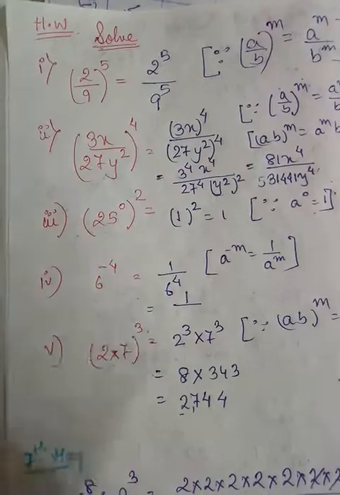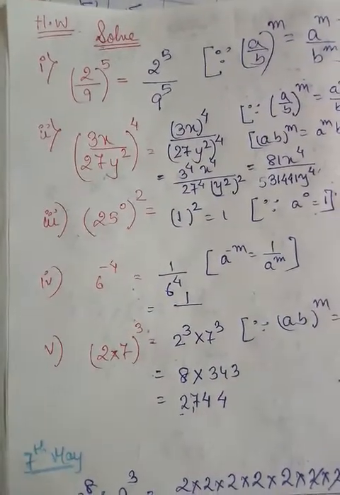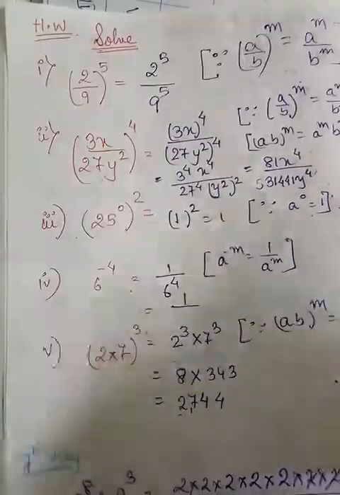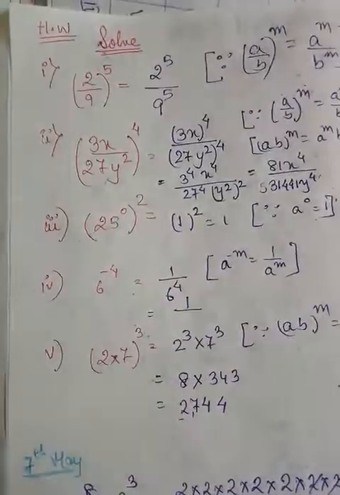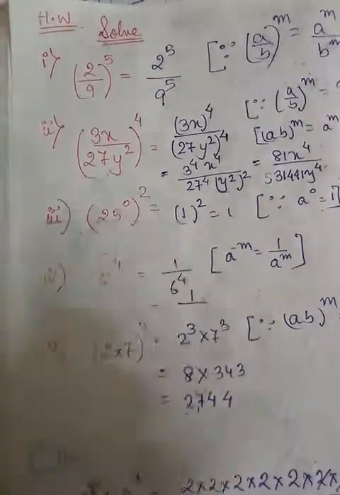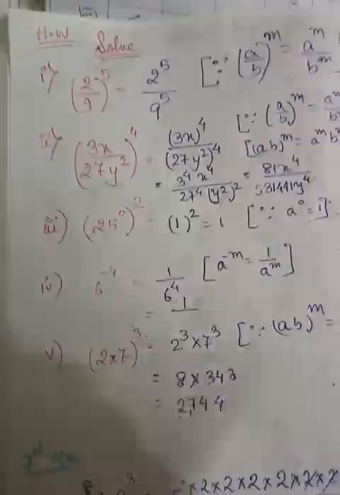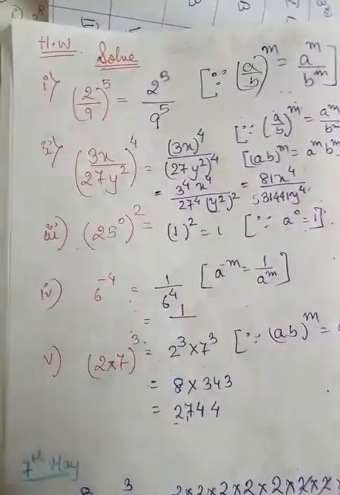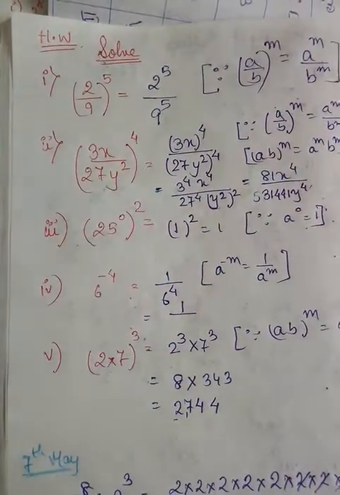Only those who have used the laws of exponents will not solve. Rest all, whether your work has been approved or sent in the draft, you will again solve the questions using the laws of exponents.